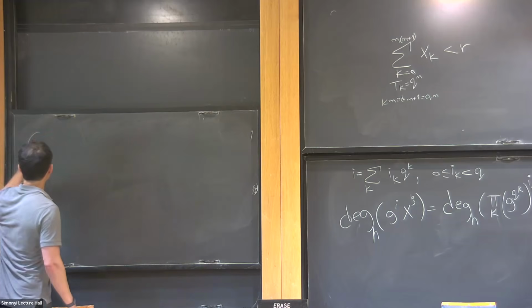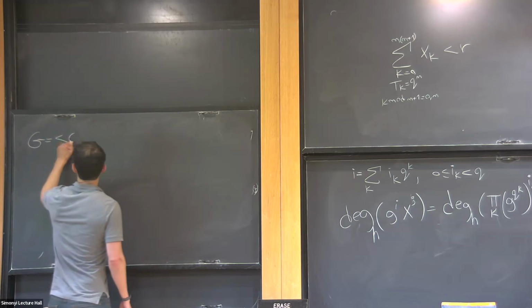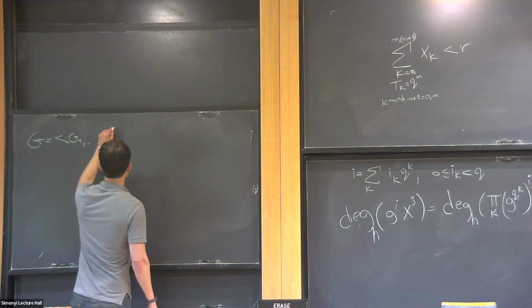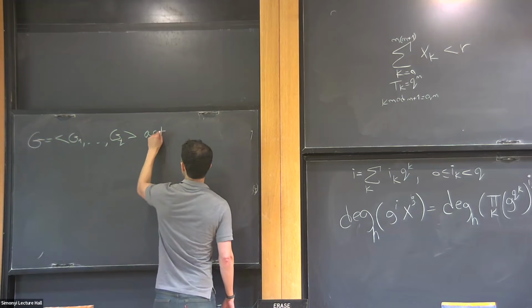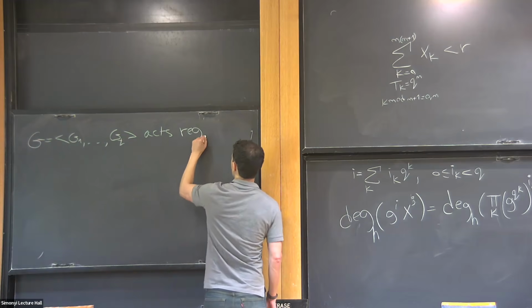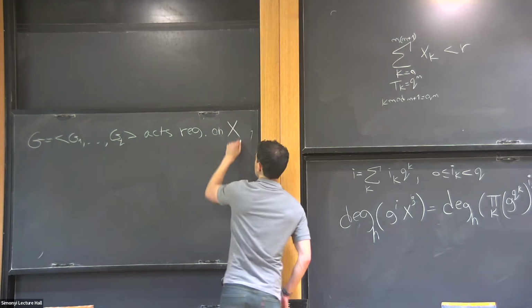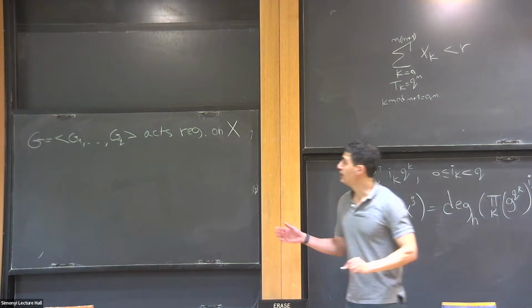So what is the construction? You have a group G that is generated by some set of subgroups, G_1 through G_t, and that acts regularly on some set omega.